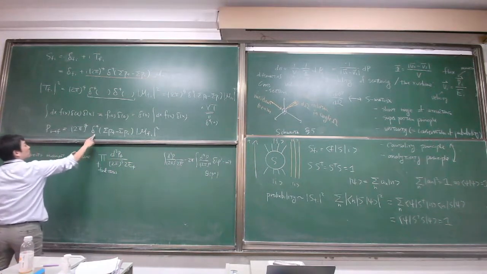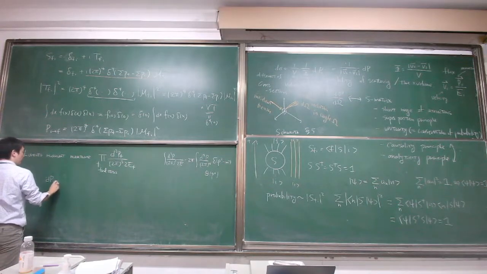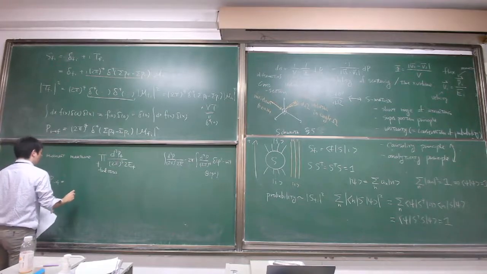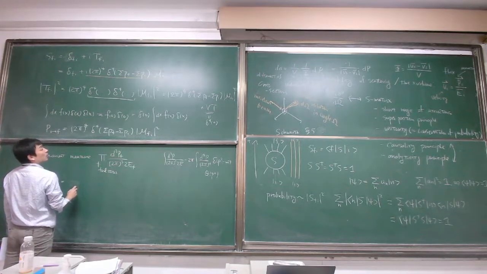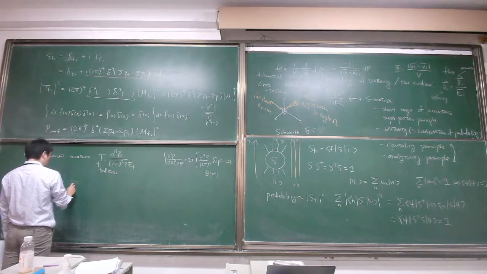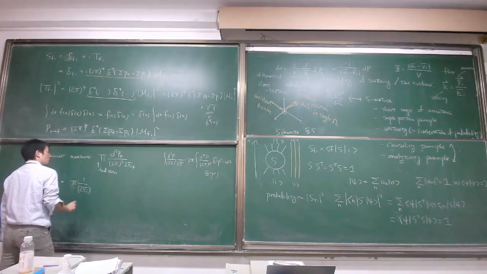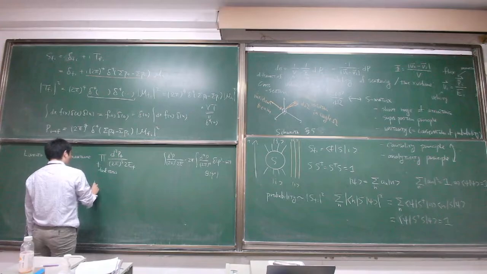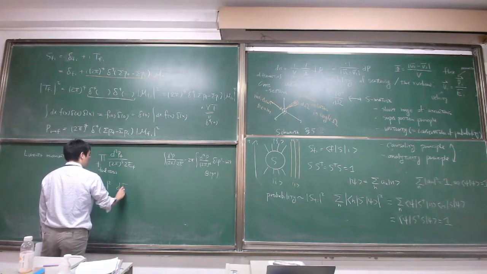So if you try to take the differential probability, we have to use this. Combining with this one, we have dP from i to f, which is essentially 2 pi to the 4 delta of the momentum difference, times the product over initial states of 1 over 2E_i, times |M_fi| squared, times d Pi.